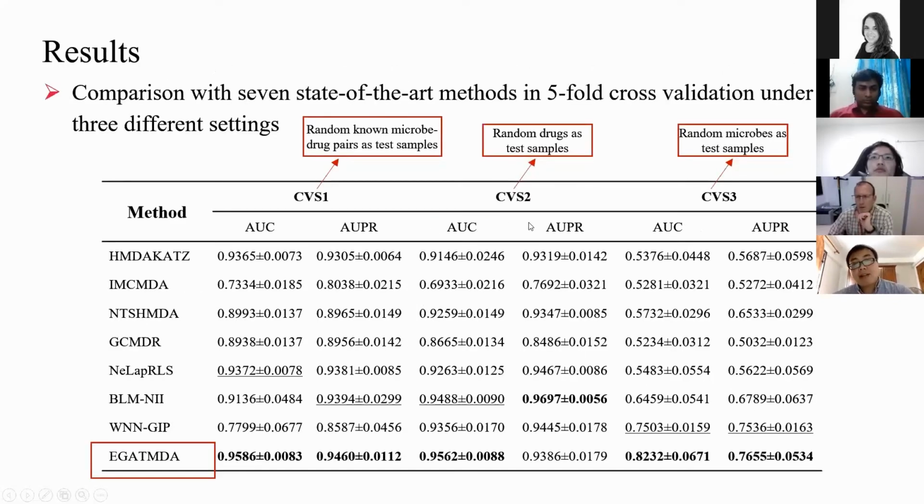To evaluate the effectiveness of our model, we compare our model with 7 state-of-the-art methods. We also use 3 different cross-validation settings to further validate the effectiveness of our model.